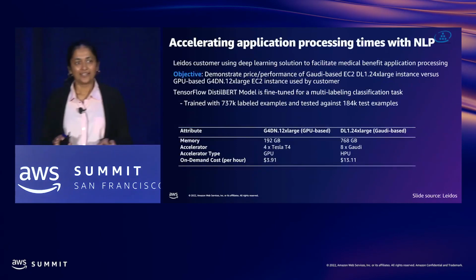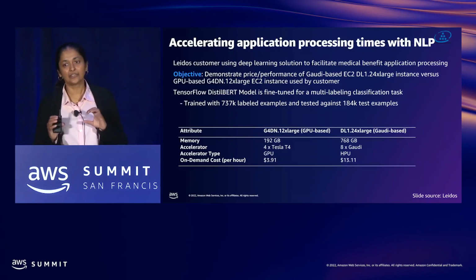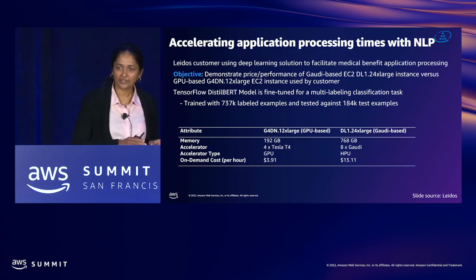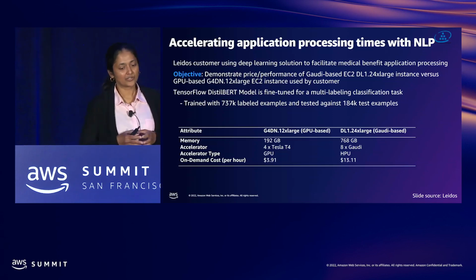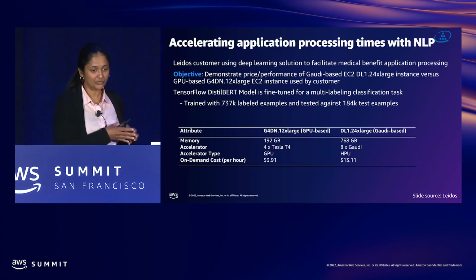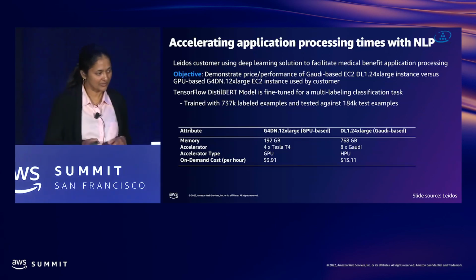The second one is a use case in NLP, where the Leidos team used DL1 with an NLP use case to accelerate application processing. This is for a customer that is taking advantage of deep learning solutions to facilitate medical benefit application processing.